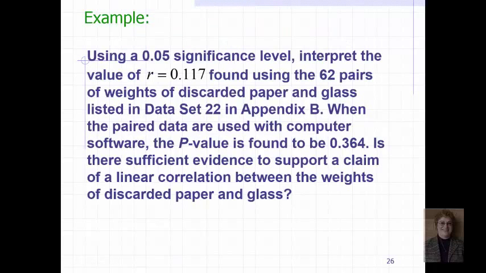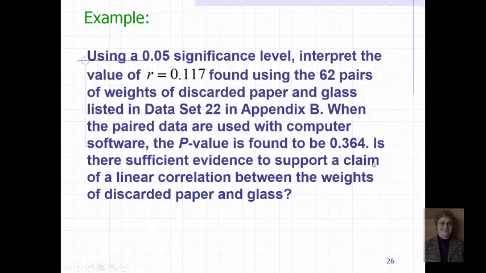Here's another example. We had data and we found the value of R is 0.117. If we had 62 pairs, table A6 with 60 gives us a critical value of 0.254. You can see that our 0.117 is not further out in the tails than that, so it's not statistically significant.